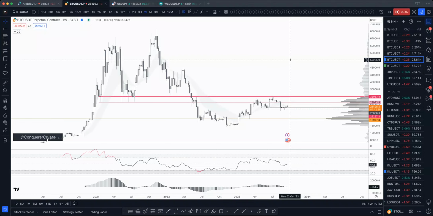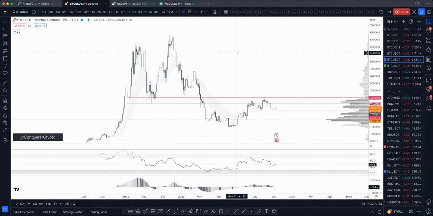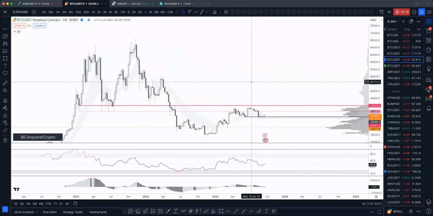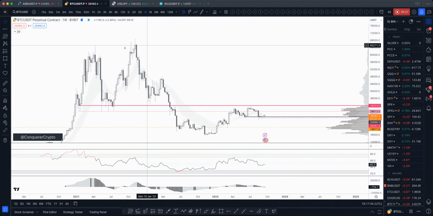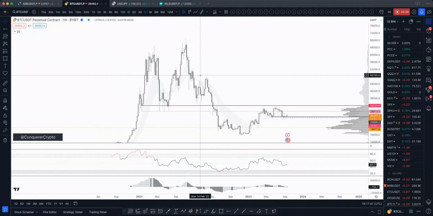Okay, this is the market update as promised. I'm not gonna keep it too long because actually it's pretty simple. We have a few indications about the market.